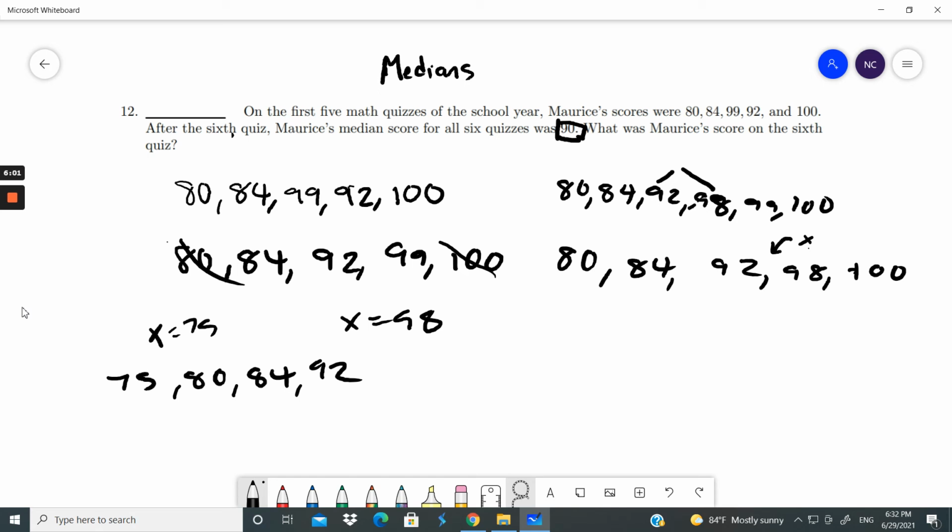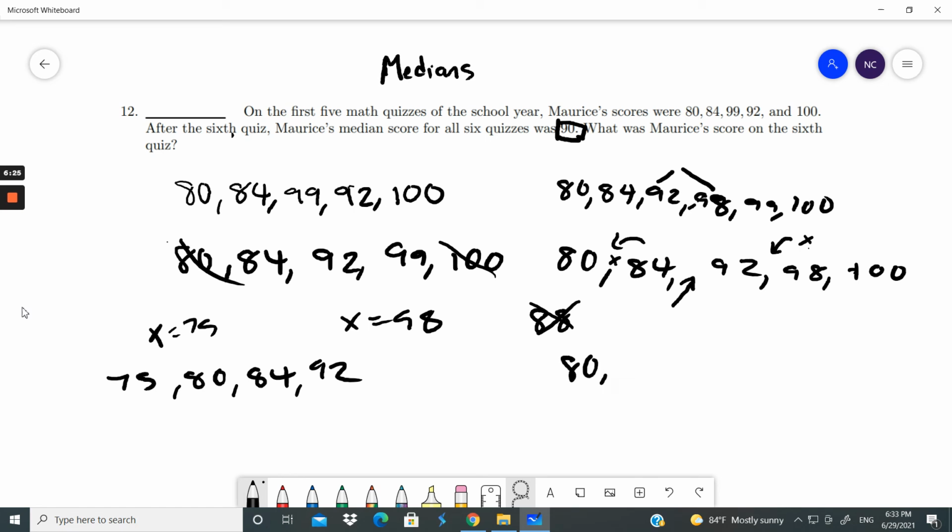Nor can x be any less than 84, because then the median would be between 84 and 92, which is 88, which is not correct. Thus, by logicking it out, we know that x is going to be in between 84 and 92.